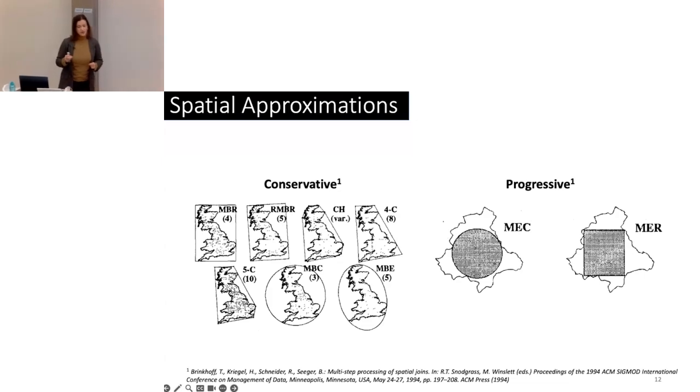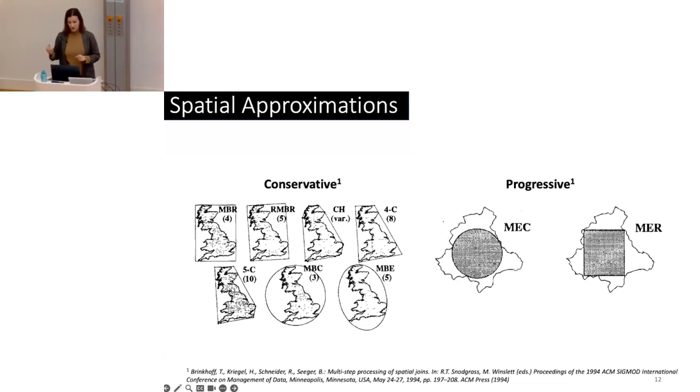For example, instead of this axis-aligned minimum bounding rectangle, we could rotate it a bit to better match our underlying geometry, and this is a rotated minimum bounding rectangle. We could approximate the data with a convex hull. We have the 4-corner and the 5-corner approximations, or the minimum bounding circle, or the minimum bounding ellipse. And the property of these conservative approximations is that they never miss a true result, but they can have false positives, as we just saw before.